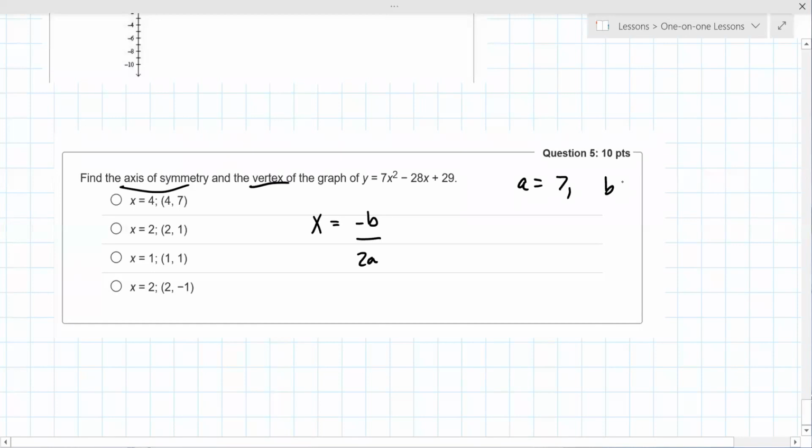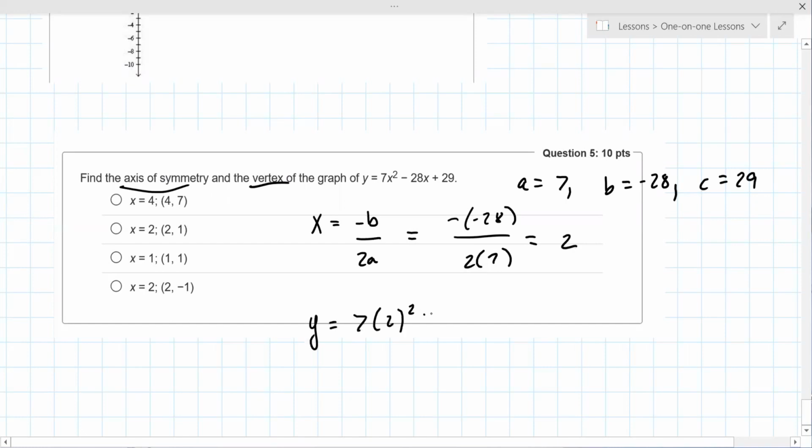I get 2. My answer for my y, I get 1. Just positive 1. Okay, so I agree with your 2. Let's see if we can get the rest of it, though.